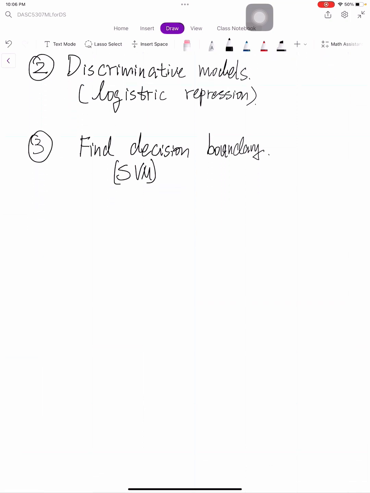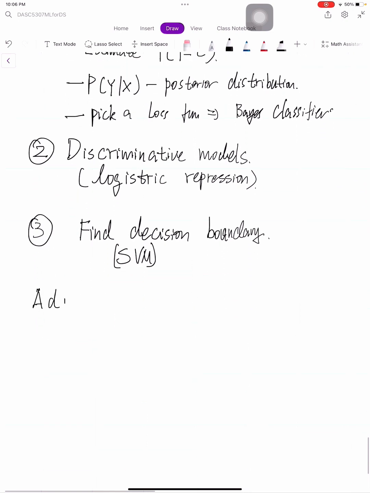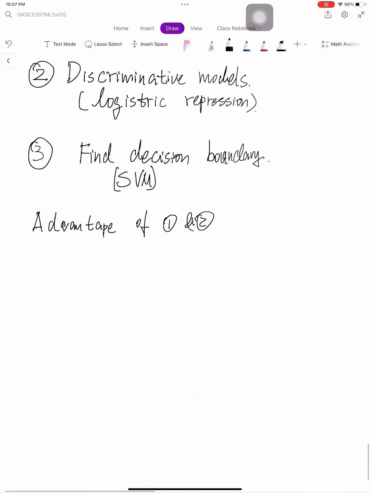So the advantage of the first two methods, the discriminant analysis I introduced today, or the logistic regression I will introduce in future classes, is that they involve a probability distribution, which can work better if you have data that is not linearly separable, or you don't have clear cutting boundaries between the classes.